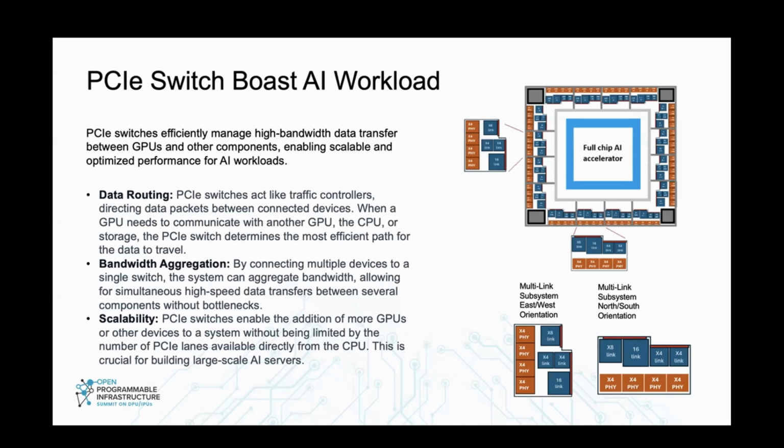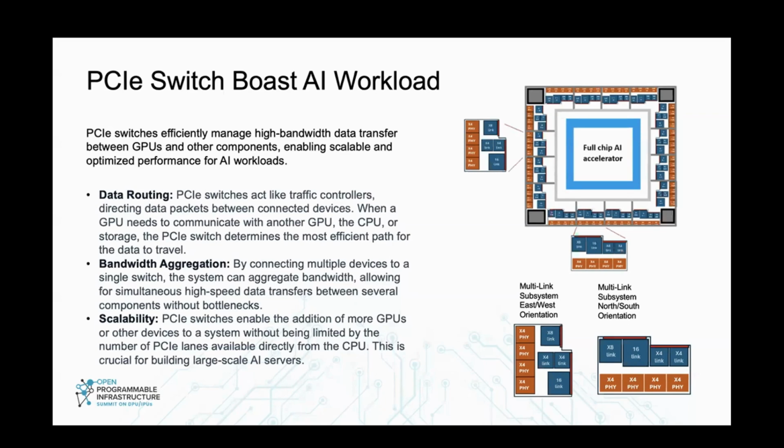Here, the PCIe switch has three main functionalities. The first functionality is data routing. What it does is make sure that the data packet transfer between the devices is more efficient. The second one is bandwidth aggregation. All the devices which get connected to the PCIe switch, bandwidth aggregation happens, and then a high-speed data transfer happens between all the connected devices.